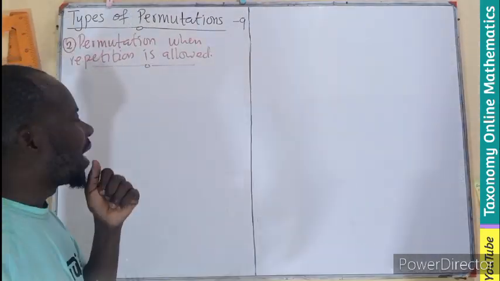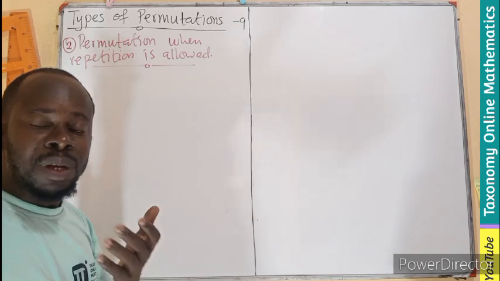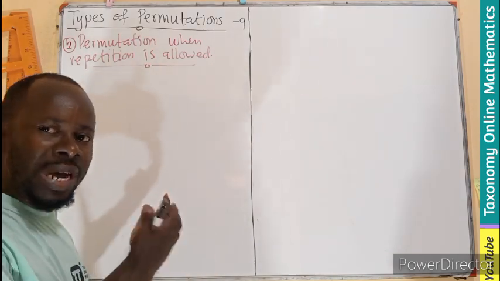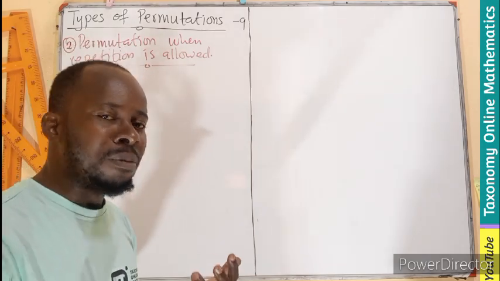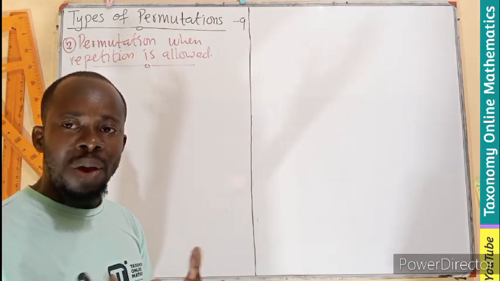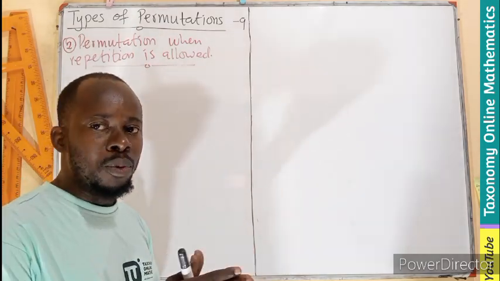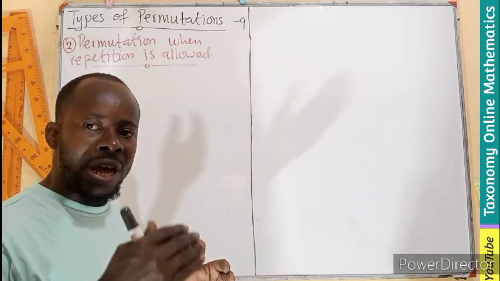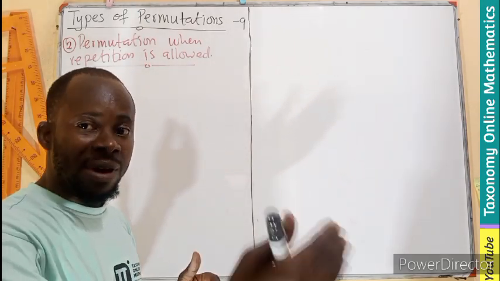So let's look at the second type, which is permutation when repetition is allowed. We can also get this concept from the first episode where we did fundamental principles of counting 1, which is the product rule, which shows multiplication in terms of factorial.